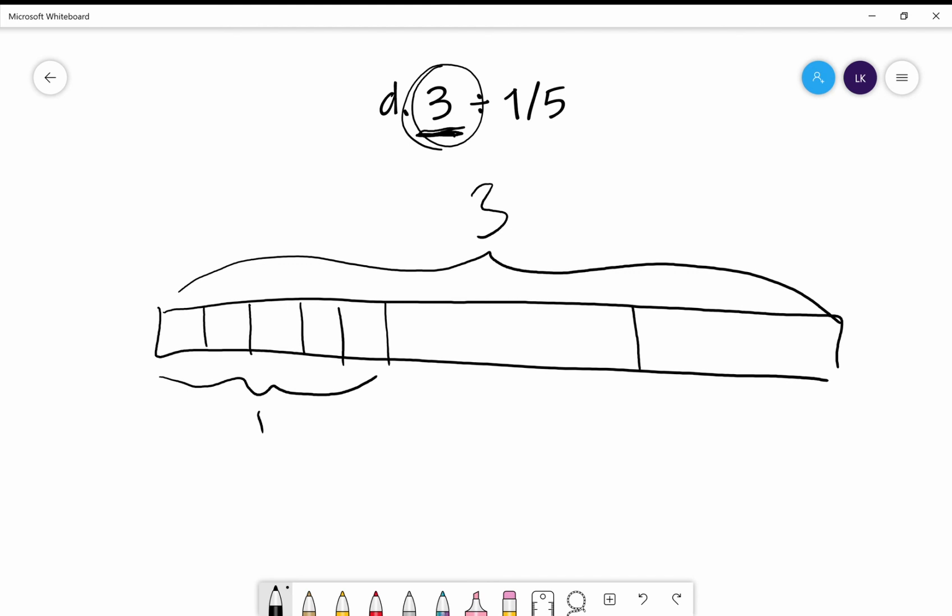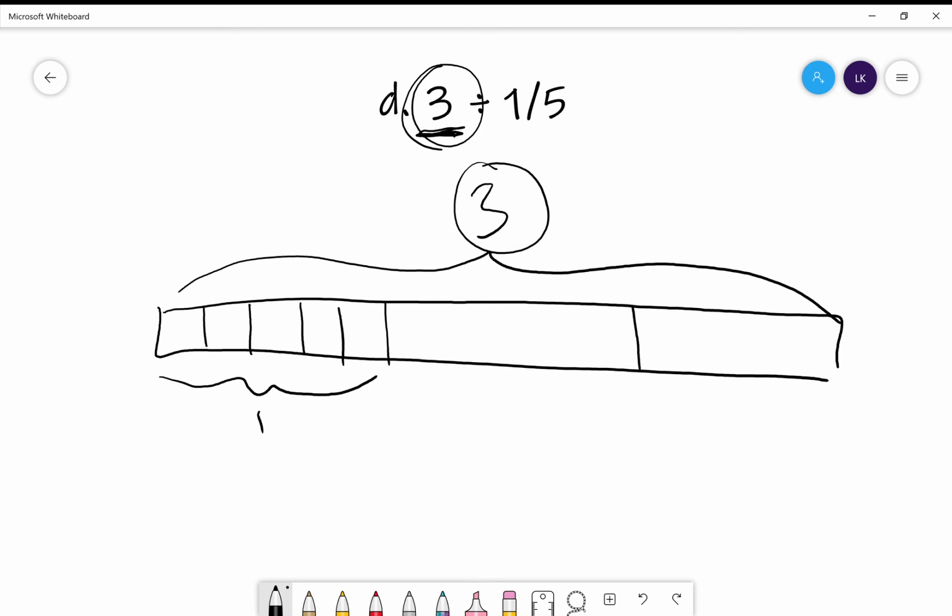This is very similar to the other day when we took a look at 5 ribbons or something, and they're divided into 6. So here we have the 1 whole divided into 5 parts, meaning there's 5/5 in 1 whole. But we are dealing with 3 wholes.